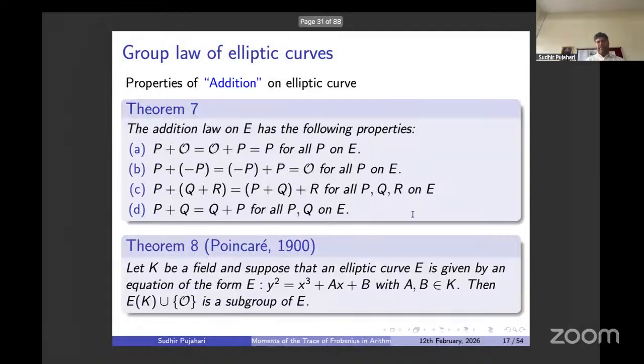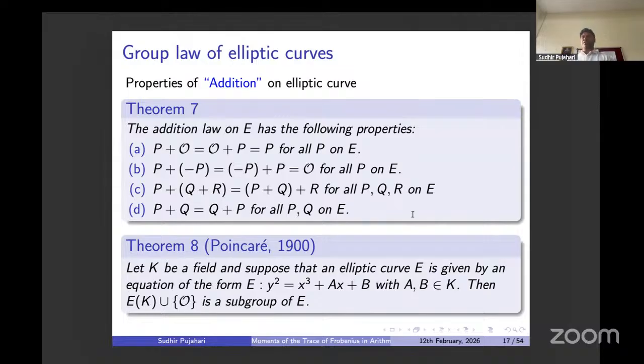And with the addition of the point at infinity, I'm not going to say much about it, but with the notion of the point at infinity and with that operation, the points of an elliptic curve have a group structure. In fact, this example of elliptic curves is one of the motivations for the definition of a group in the abstract sense.